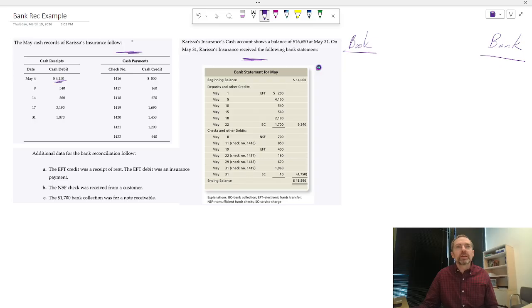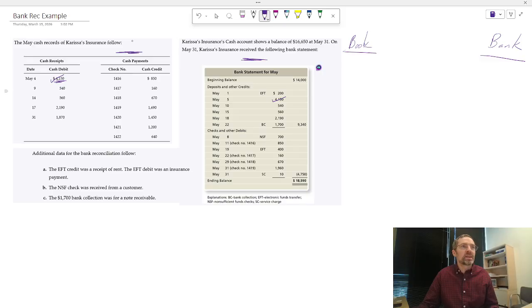I'm going to look over here on the bank statement, and hey, there's a $4,150 on May 5th. Is that a problem that the dates are a little different? No, it's not, because I probably put it into the night deposit box on May 4th and the bank got it on May 5th. That's perfectly all right. So those are probably the same one, and I'm just going to check those ones off.